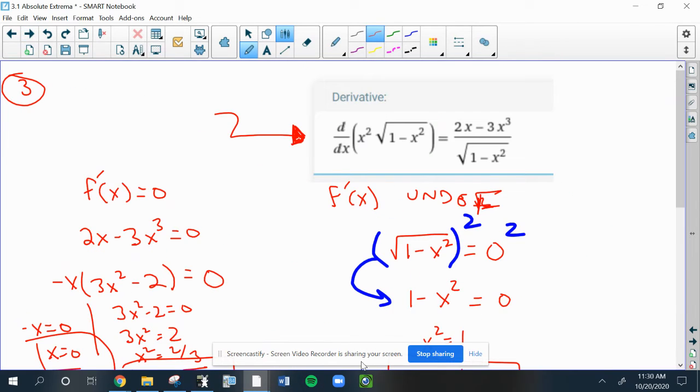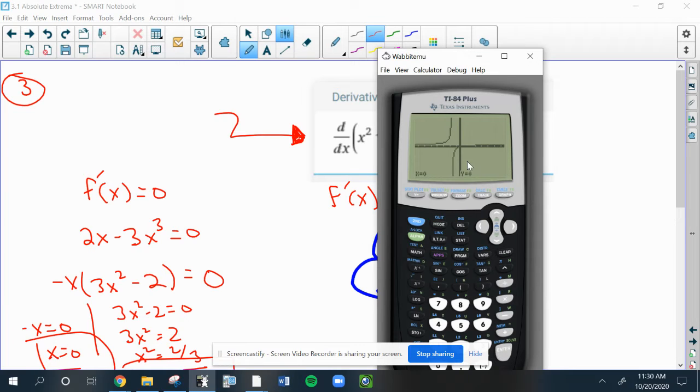The next one, which is that really, really complicated one. So I would figure the graph is going to be complicated. Let's see. Turn off this one. Turn on this one. This is what the graph looks like. Zoom standard 6.